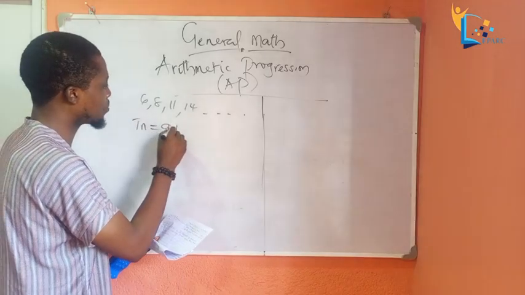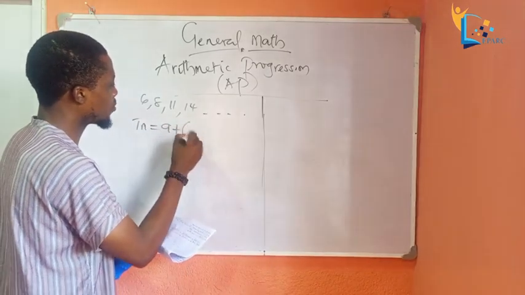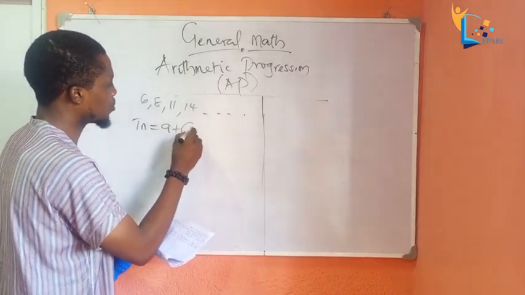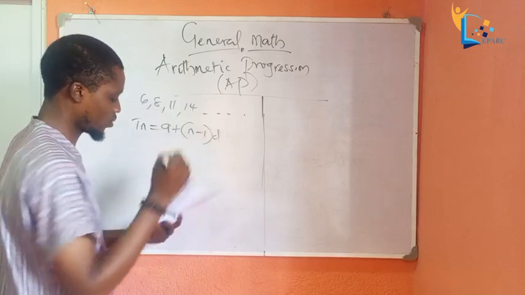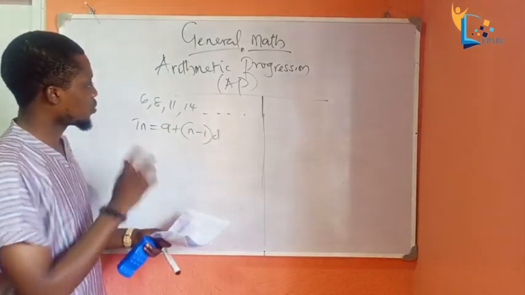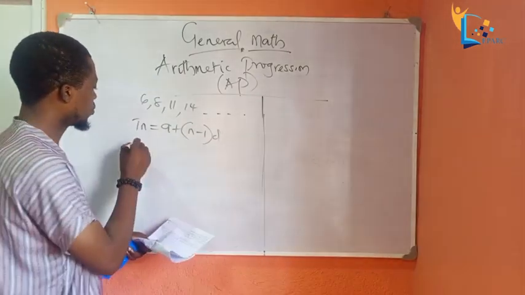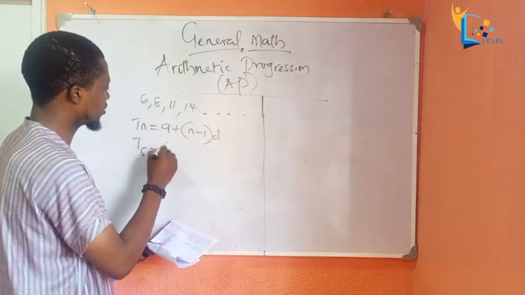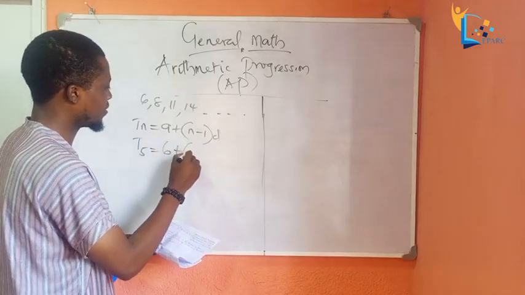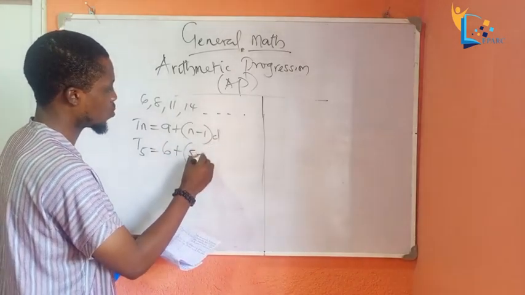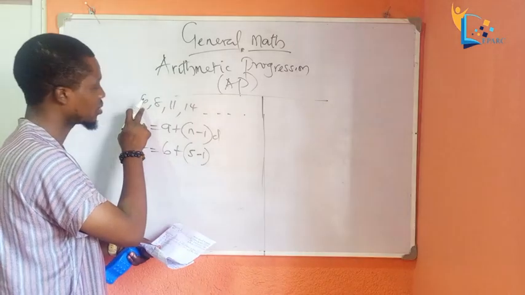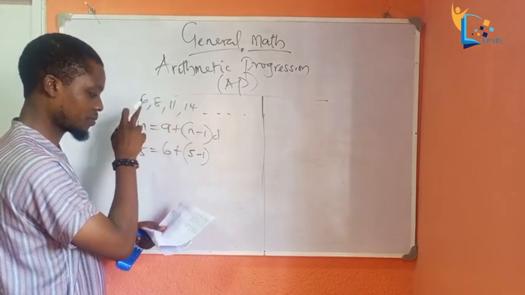Tn is equal to A plus open bracket n minus 1 close bracket D. So T5 here is equal to, A here is 6, n here is 5 minus 1. The common difference here is 8 minus 6, which is what? 2, right?